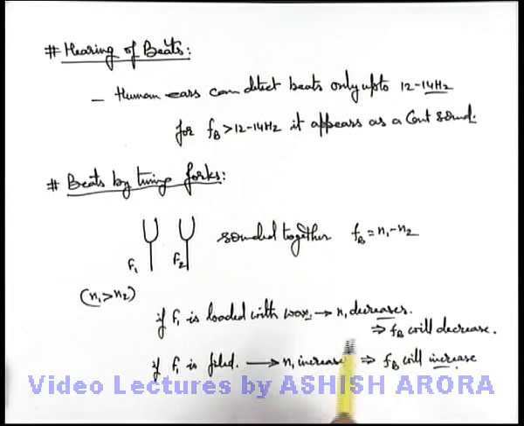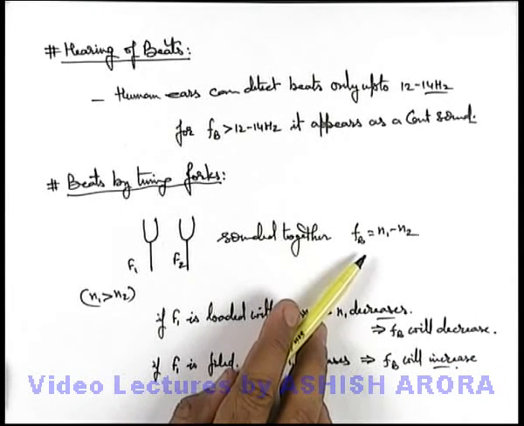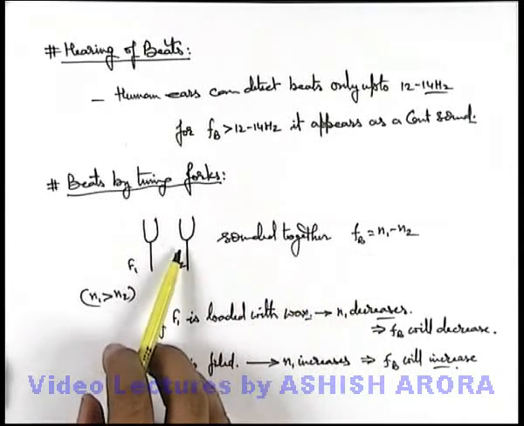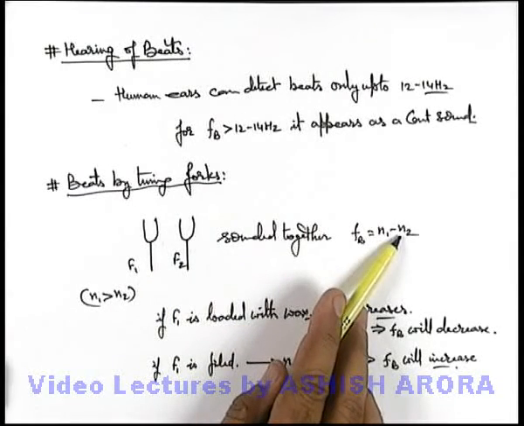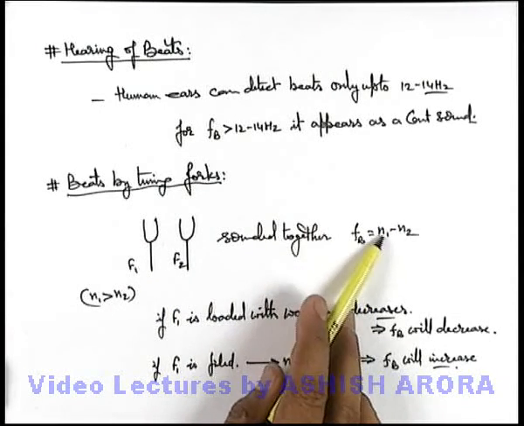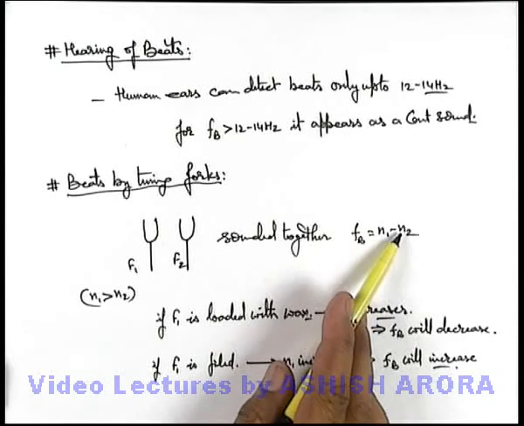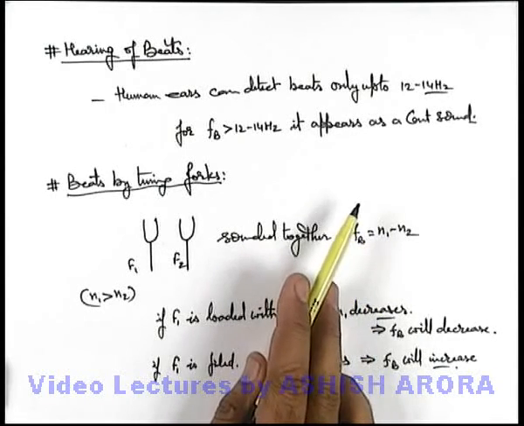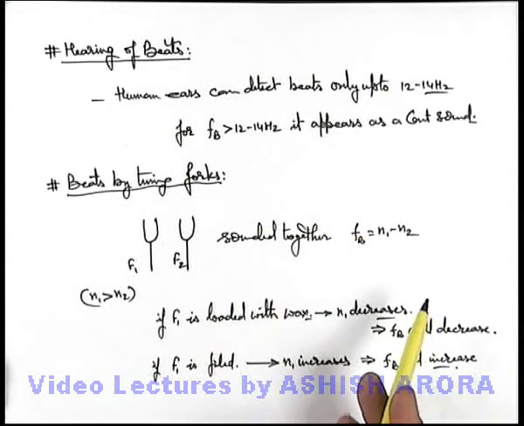On the contrary, if F2 is filed, its frequency N2 will increase, then the beat frequency will decrease, and if N2 goes above N1, then it may start increasing again. So these are some basic facts you should keep in mind if some examples or problems are based on these facts.